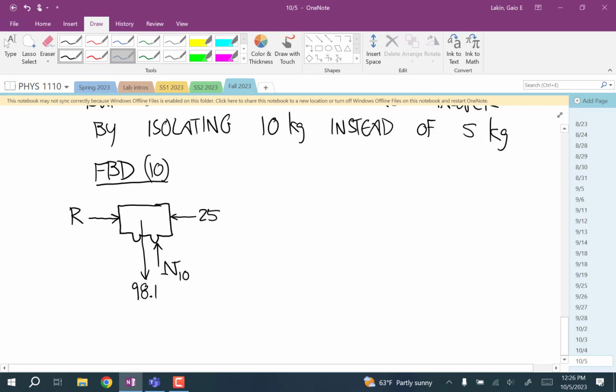We're pretending we didn't already calculate R. So that's it. Now we go to Newton's second law. We have this R in the positive x direction. We have the weight.